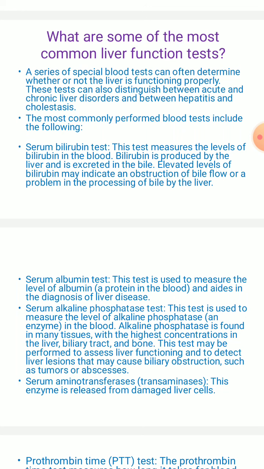How do you test albumin? This test is used to measure the levels of albumin, the protein in the blood, which aids in the diagnosis of liver disease. Especially important is the serum alkaline phosphatase test, which measures the levels of the alkaline phosphatase enzyme in the blood. It is found in tissues with the highest concentrations in the liver, biliary tract, and also bones.